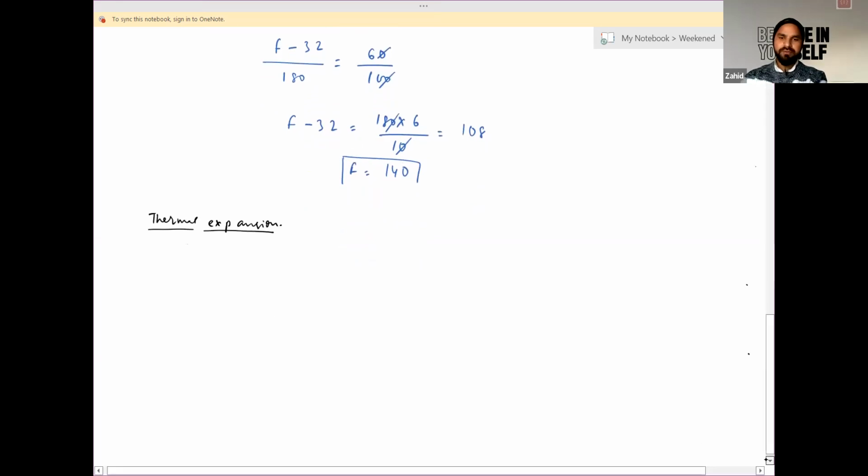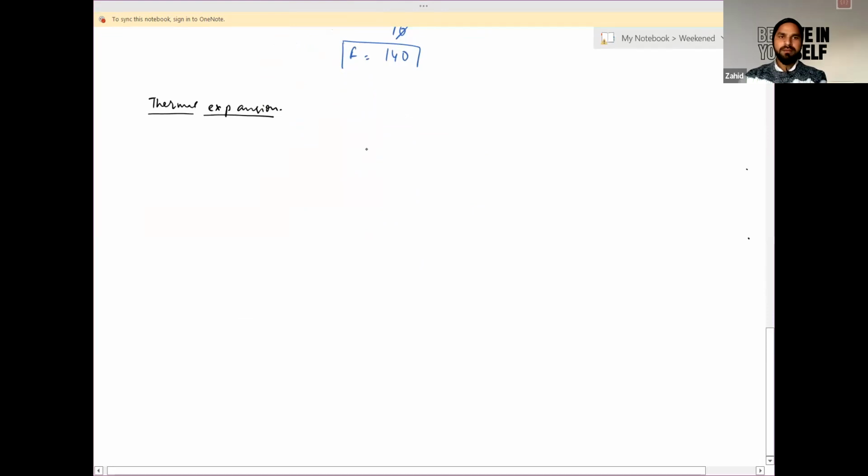Suppose you have a solid, so there will be particles fixed at their own positions in a fixed order like this. This particular arrangement will be at some lower temperature, let's say at temperature T0.